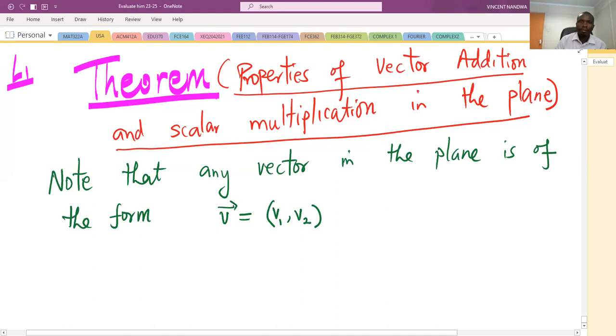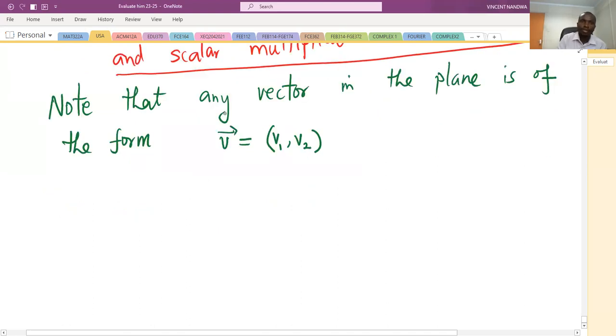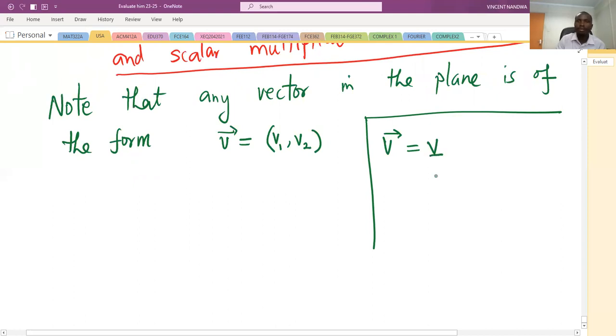So remember, this is the notation that we are going to use. We'll represent vectors as V with an arrow on top, or we can write V with a dash at the bottom, or V and then a tilde sign.